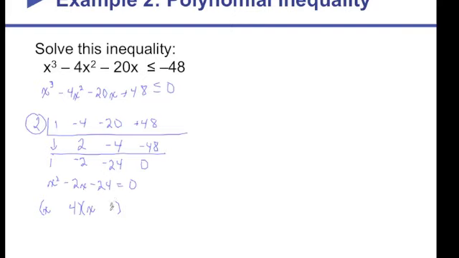So I want negative 6 and positive 4, that would give me negative 2 and my negative 24. So then I find that x plus 4 equals 0, so x equals negative 4, and x minus 6 equals 0, so x equals 6.